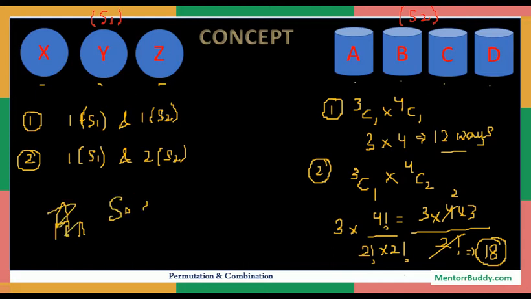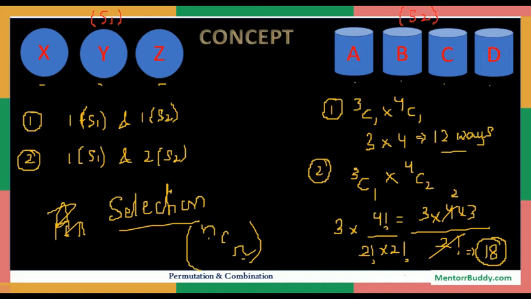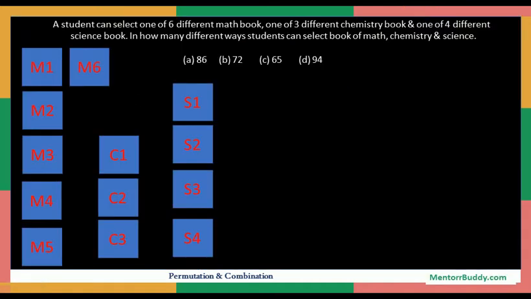In case I need to select, I'll apply nCr, the selection of r bodies out of n bodies. Now applying the same concept to the previous question, it says the selection of 6 math books, 3 chemistry books and 4 different science books. I have marked the math books as M1, M2, M3, M4, M5 and M6.